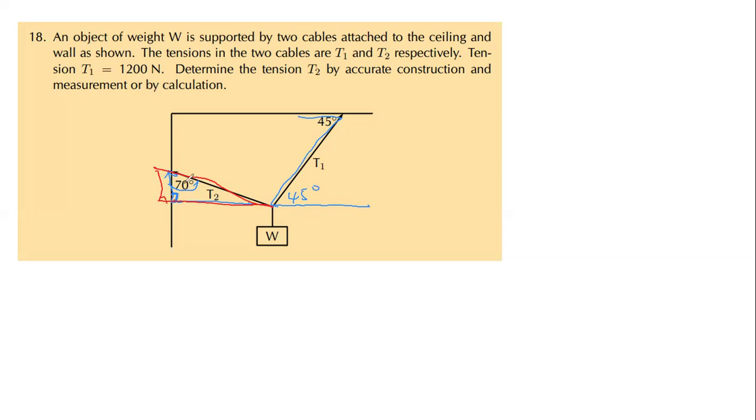This is 90, this is 70. Obviously, the sum of interior angles of a triangle adds up to 180. So it's going to be 180 minus 70 minus 90, which gives us 20. So the angle here is 20 degrees.